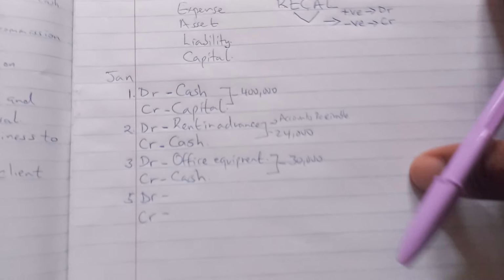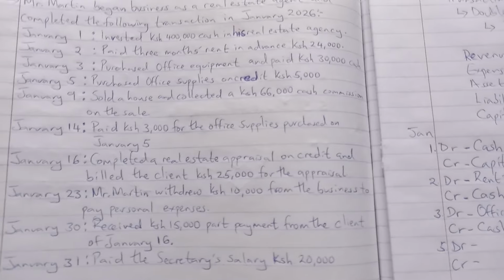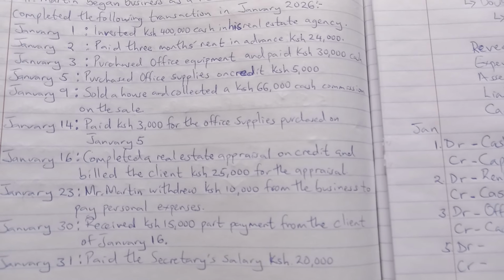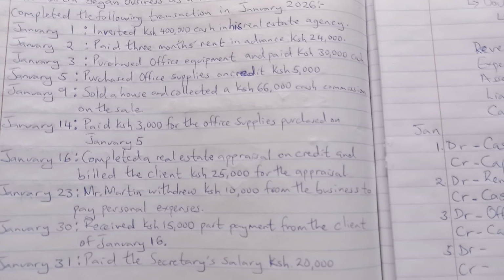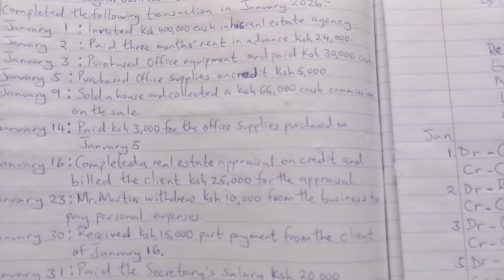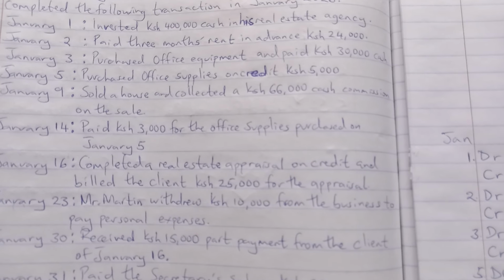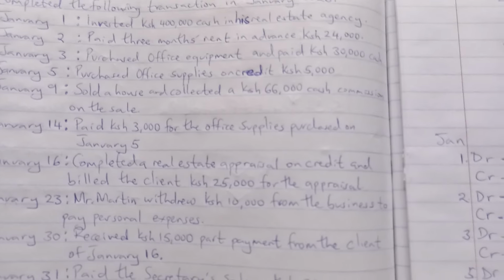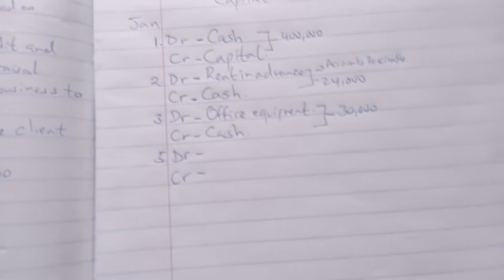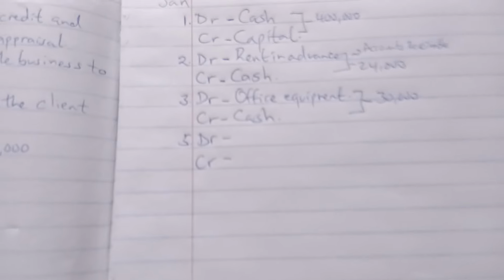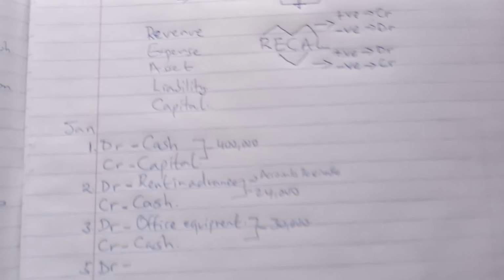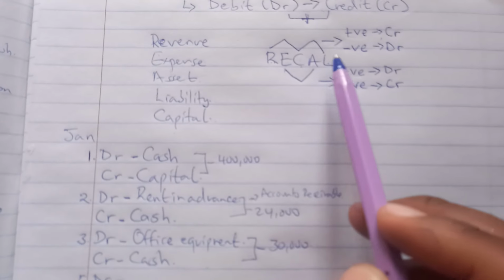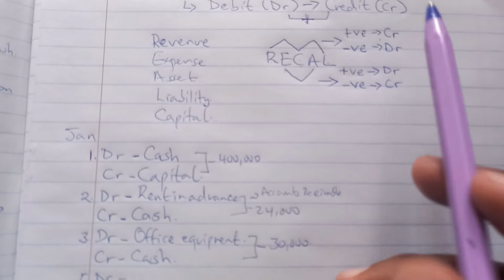So with all that, in this transaction, January 5th, purchased office supplies on credit. Already we know that we have office supplies as one of the accounts, and we also have accounts payable. In the beginning, we didn't have any debt. We didn't have any obligation, but now we have. So we come to our mnemonic, liability. When liability increases, what do we do? We credit.